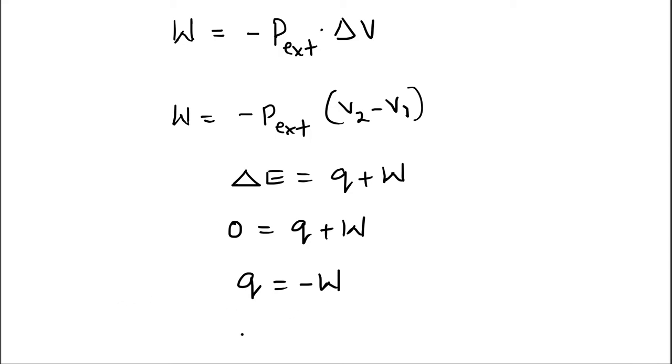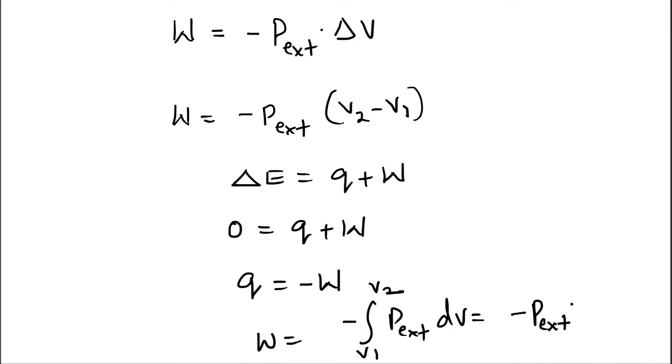So therefore here the expression for work done, we can write integral V1 to V2 P external times dV, and here P external is constant, so we can keep P external outside the integral. Now dV is a state function, therefore integral V1 to V2 dV equal to delta V, that is V2 minus V1.